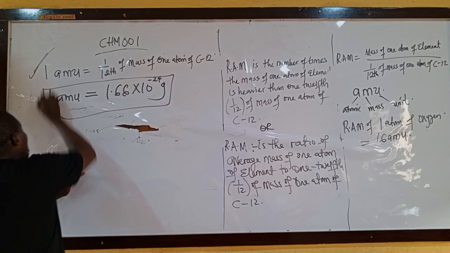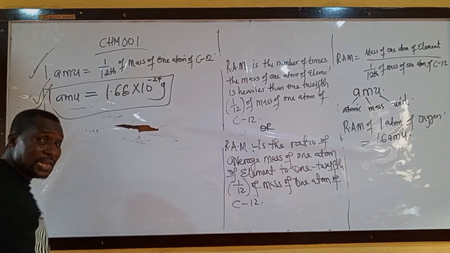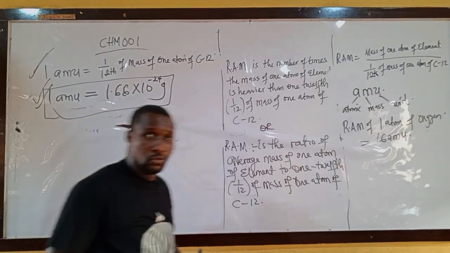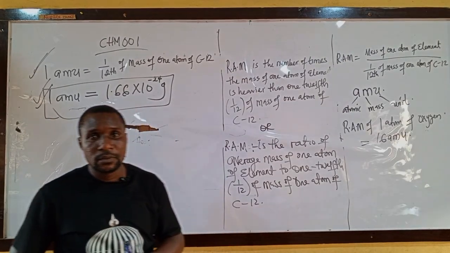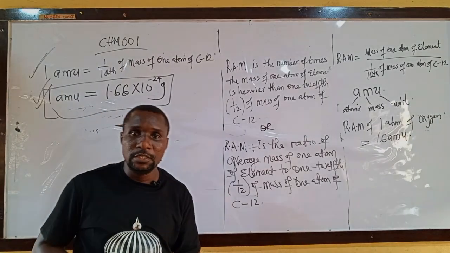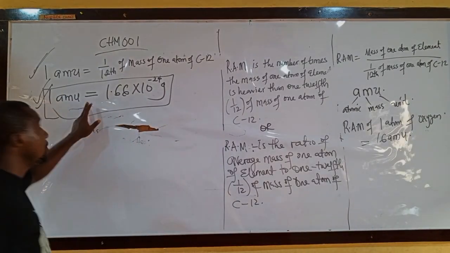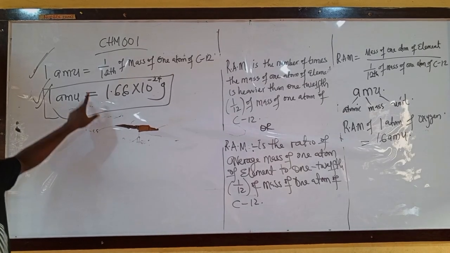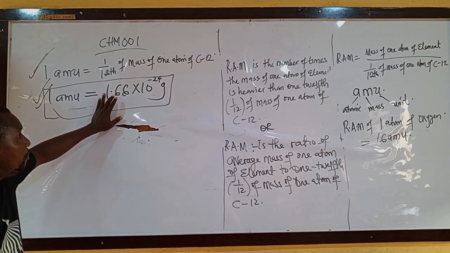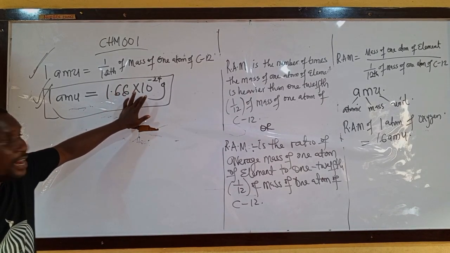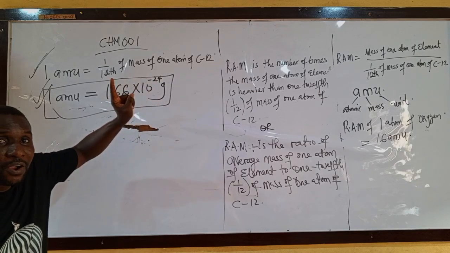It has been done experimentally, and I can prove this, which I will do in this video. 1 AMU experimentally is 1.66 times 10 raised to power minus 24 gram.